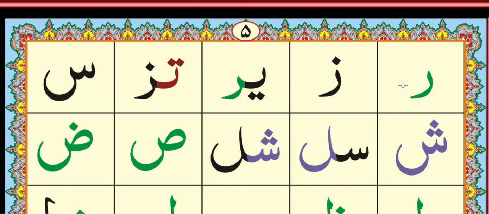Okay, if you don't know the shapes, you need to keep watching the videos until you know the shapes. This is very important now. The shapes are finished here. You need to understand the shapes. If you know the shapes, from any angle, you must know them. All right, if you practice, inshallah you can pick up easily.